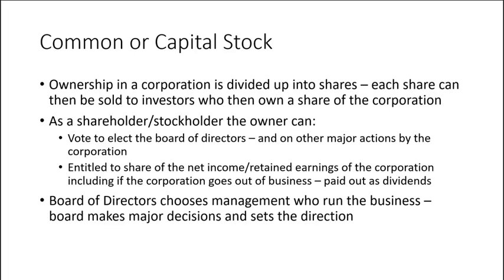the stockholders. Besides being able to vote on these important issues, you get a share of the income, or retained earnings, if you will, of the corporation. If the corporation goes out of business and there is retained earnings, you're entitled to that, divided up according to the shares of stock that are owned. The amount of your earnings that you receive is referred to as a dividend.